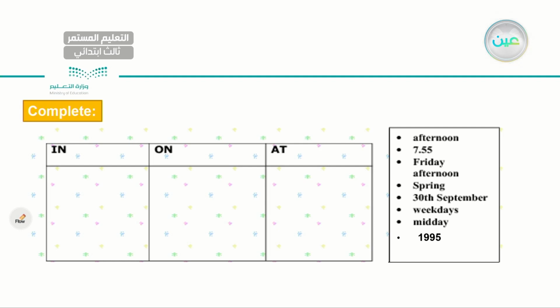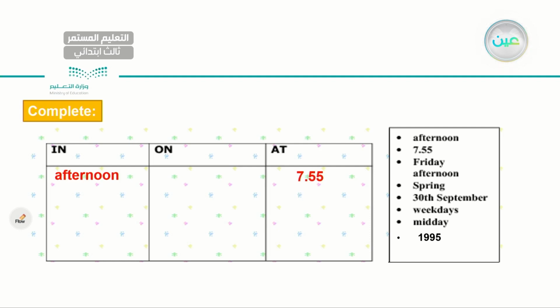Okay, so let's start with the first one. I have afternoon, that's a part of the day, right? So here it is used with in. Very good, in the afternoon. 7:55, I have a time. At 7:55, very good. How about the next one?